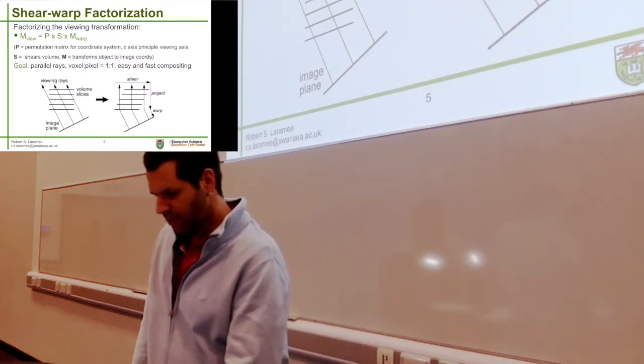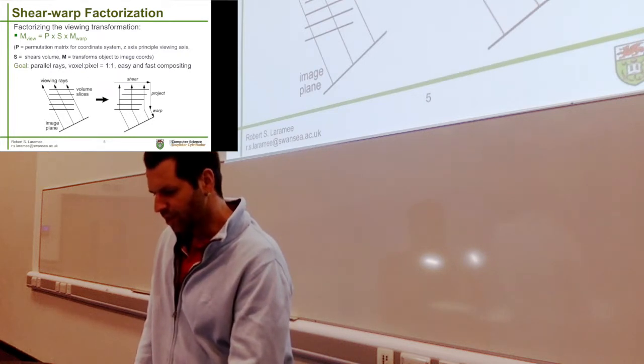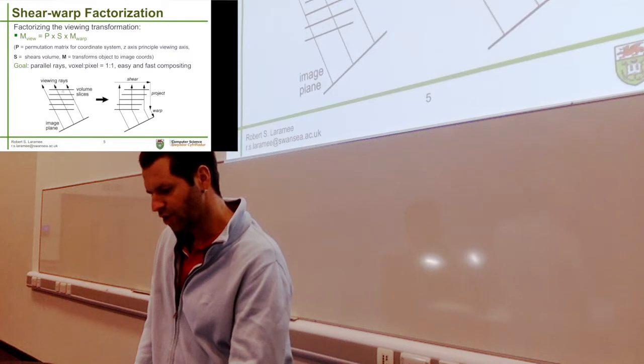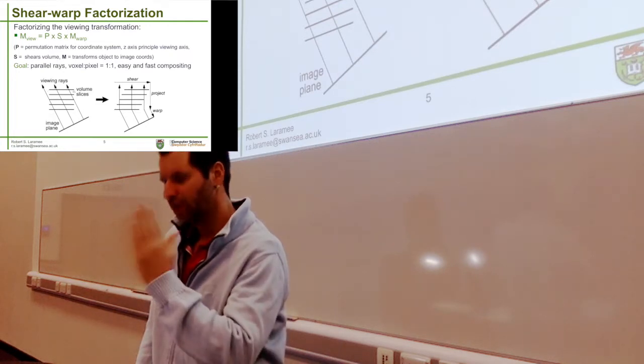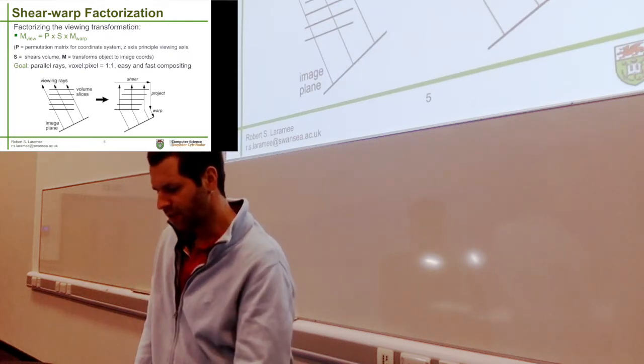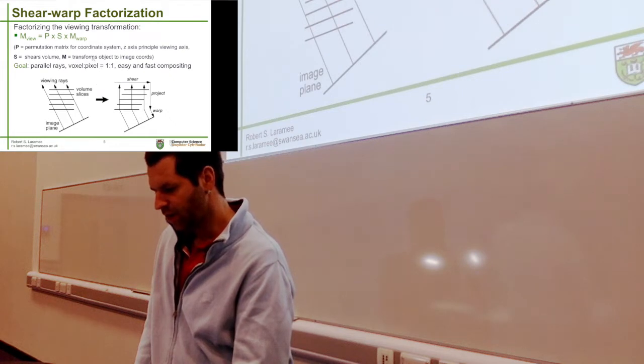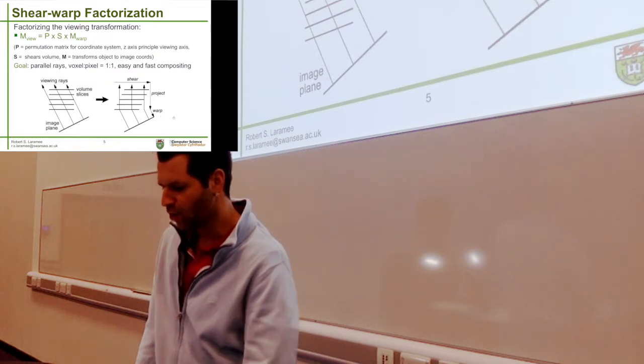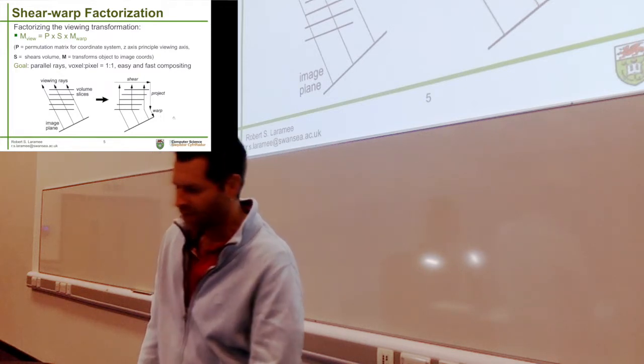That's the way I see it. So there's a transformation that shears the volume, in other words, slants it to the side, and then transforms it back to unshear it in the image space, or the unwarp, so to speak.